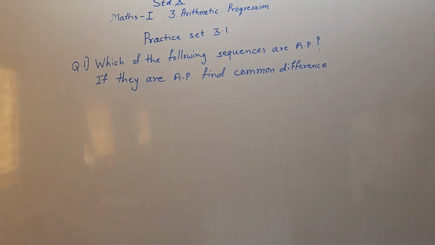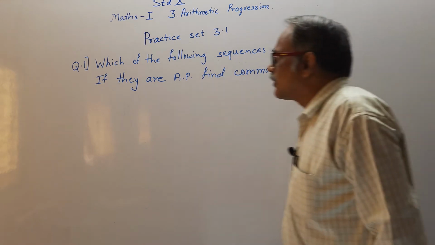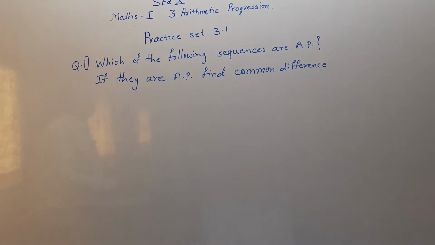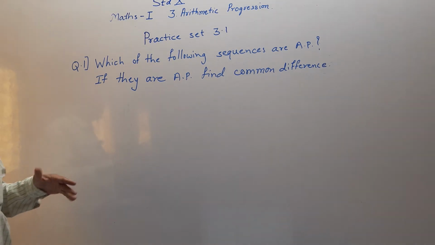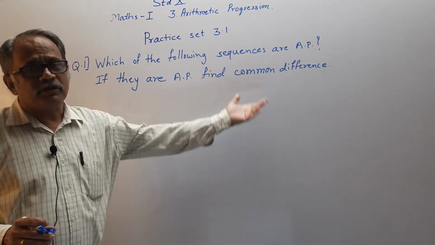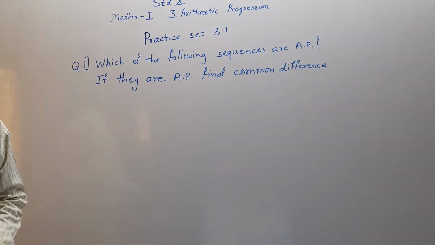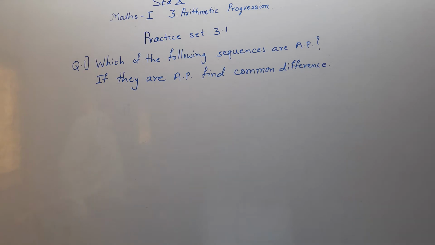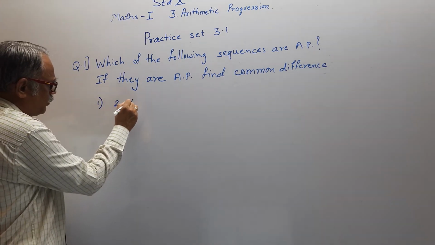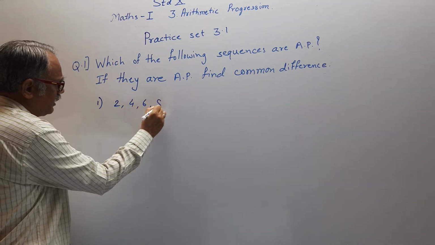Now pay attention, 3.1 first question. Which of the following sequences are AP? Means all sequences are given, some of them are AP, some are not. And if it is AP, then only find the common difference. Of course, common difference exists only if it is AP. First, 2, 4, 6, 8.